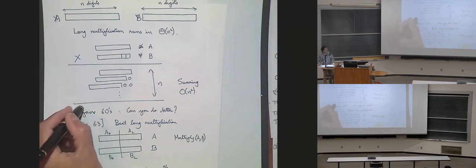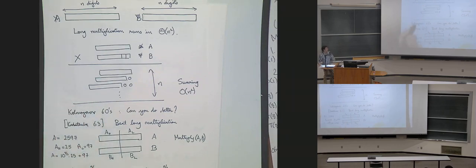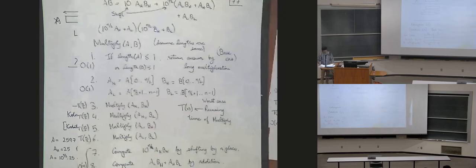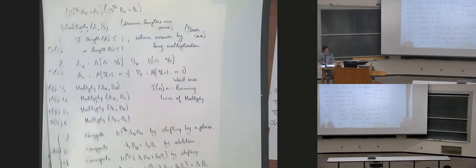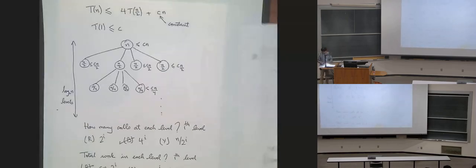Yeah, that summing part is n squared, because you have n-digit numbers. So here you have like whatever, 4 n-digit numbers.